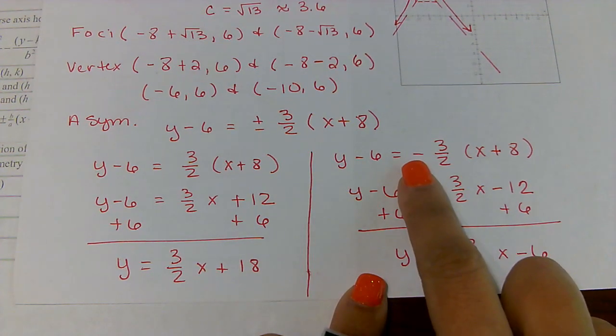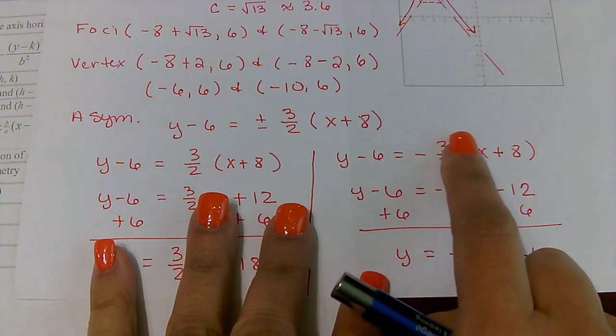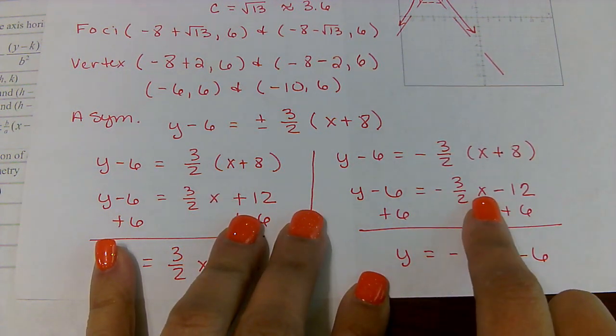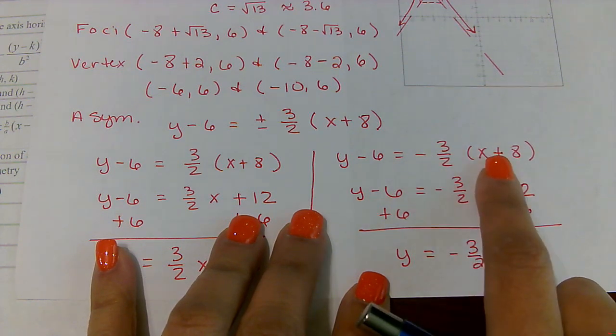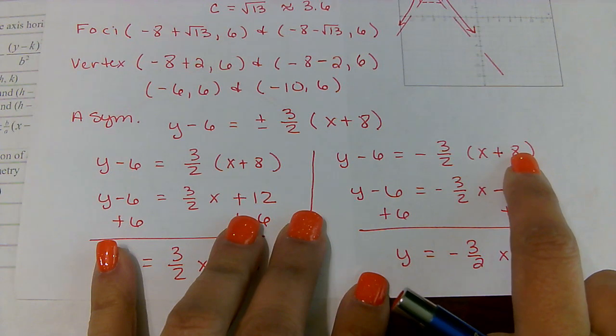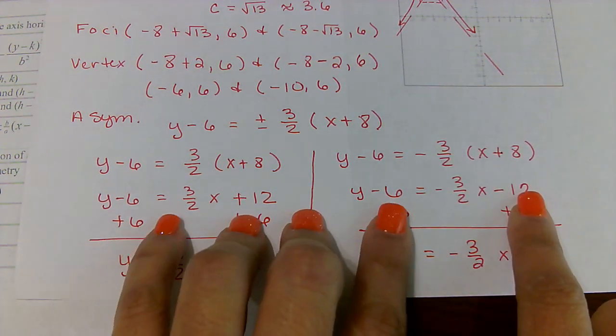The second asymptote, you need to distribute the negative as well as the 3/2 into the parentheses. So you should get negative 3/2 x. Negative times positive is negative. 2 goes into 8 4 times, and 4 times 3 is 12.